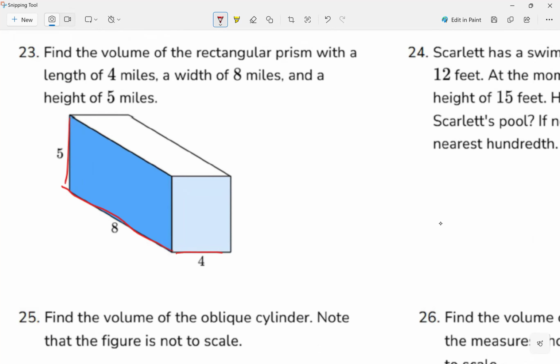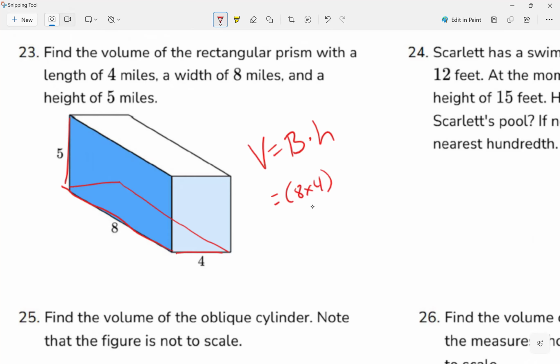Okay, I remember for the volume of a prism, I had to get the area of the base. So I see at the bottom it's a rectangle. It's an 8 by 4 rectangle. So I'm going to get the area of the base. Remember, volume is the area of the base, and then I multiply this by the height. So in this case, I'm going to go 8 times 4.